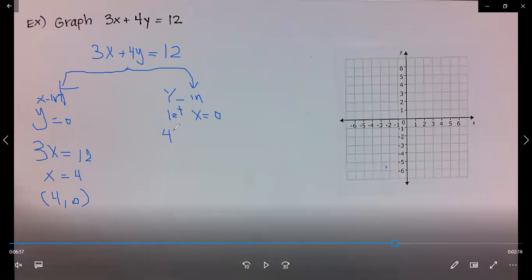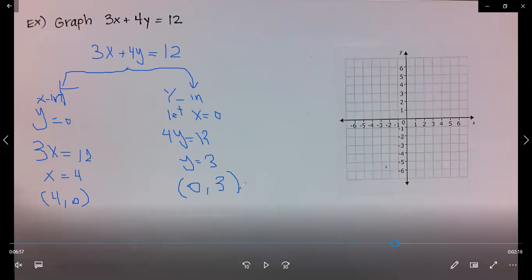Then 4y equals 12, so y equals 3. So the ordered pair will be 0 and 3. Then we already found the value of the y-intercept and the value of the x-intercept.